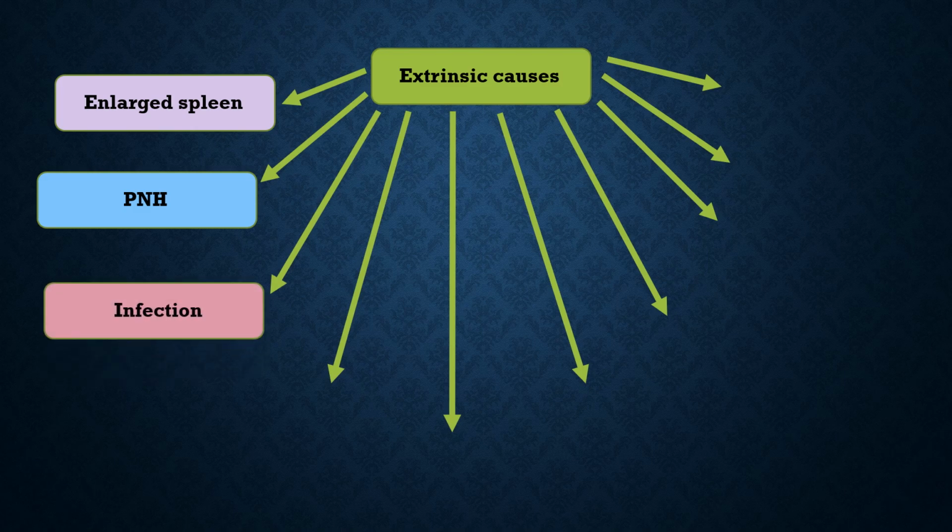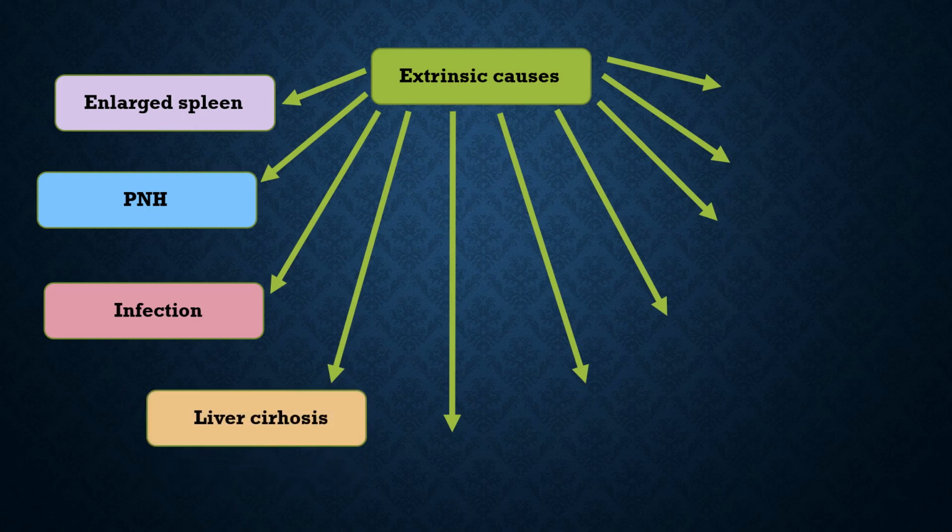Next comes infection. Acquired hemolytic anemia also occurs in burns and in certain infections, for example, malaria. Immune-mediated causes include factors as in Mycoplasma pneumoniae infection. So, when there is infection, there is also a chance of hemolytic anemia occurring.